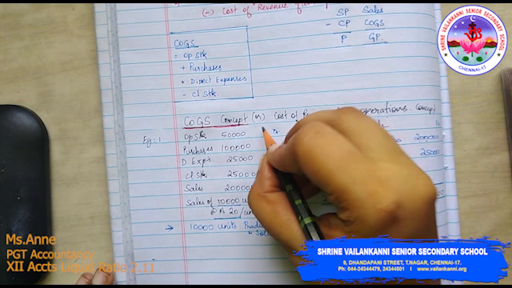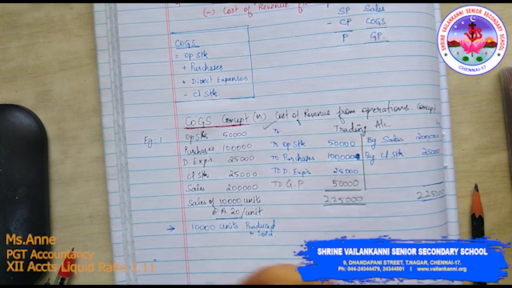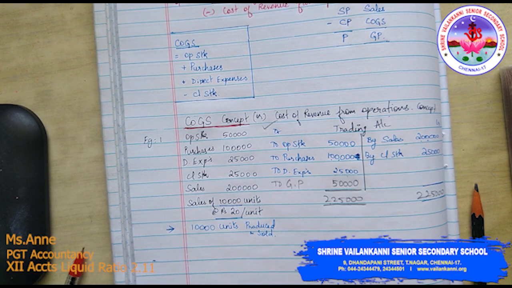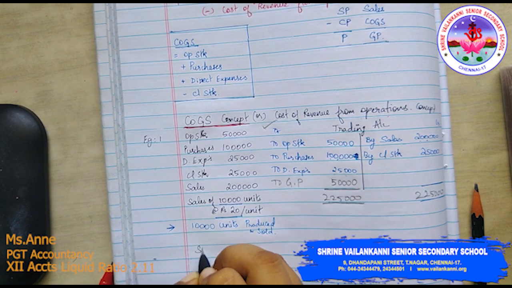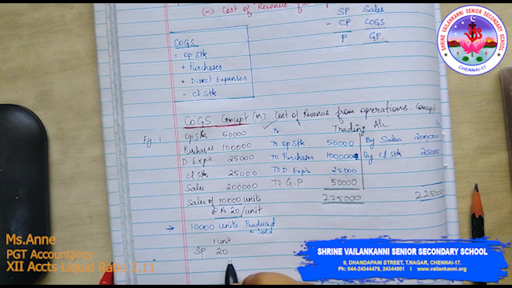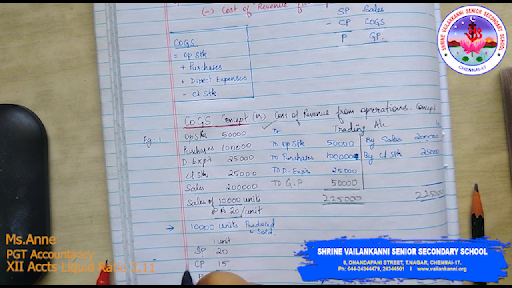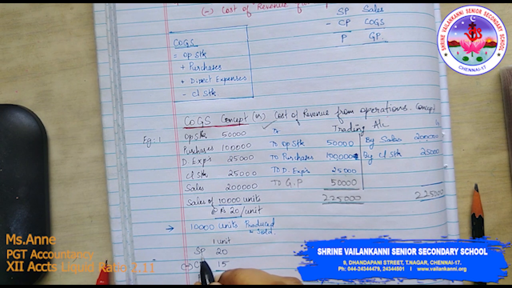Now this is a simple thing that you will be able to do, but in order to understand cost of goods sold, you need to understand this. Selling price is 20. We are going to talk per unit. So for 1 unit, selling price is 20. Let us assume that the cost price is 15. Our profit is 5. Selling price is inclusive of cost price and profit.